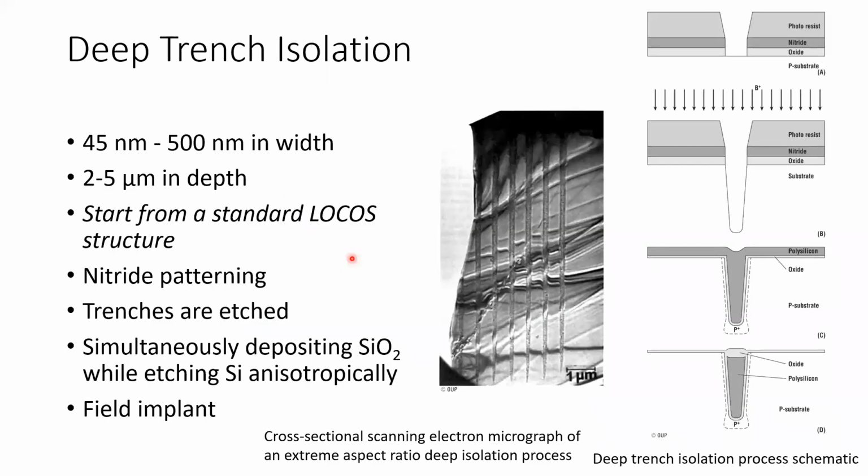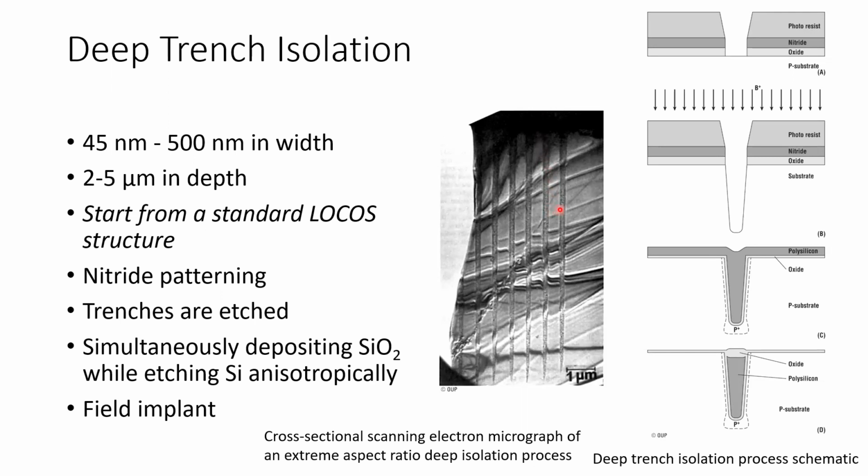Let's look at some details. This shows an SEM micrograph, scanning electron micrograph, of a deep trench isolation process. The basic process might be similar, but it is much more challenging.